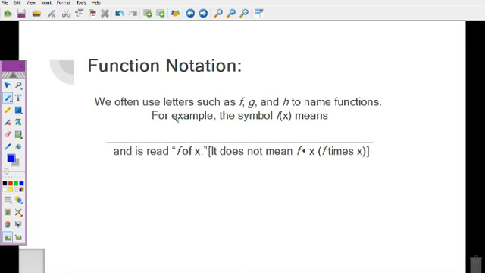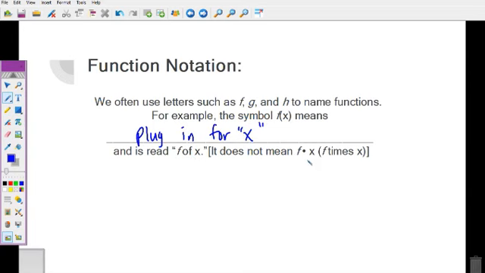Now we're going to talk about function notation. So we often use letters such as f, g, and h to name functions, okay? So for example, the symbol f of x means plug in for x. And we read it as f of x, okay?